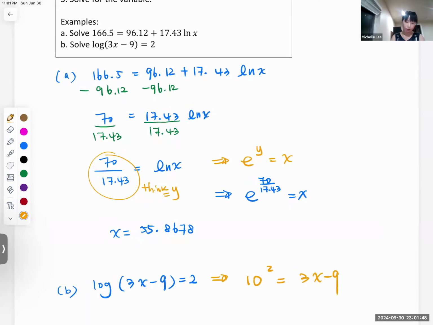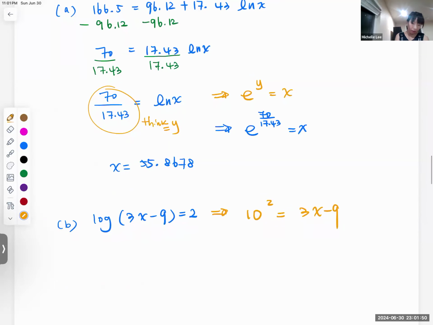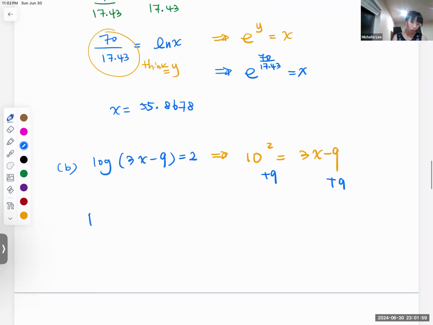Okay, then x is on the right side, so we add 9 to both sides. So we have 100 plus 9 equal to 3x, right? And we divide by 3 on both sides. Then x will be equal to 109 over 3, which is 36.33. Okay?